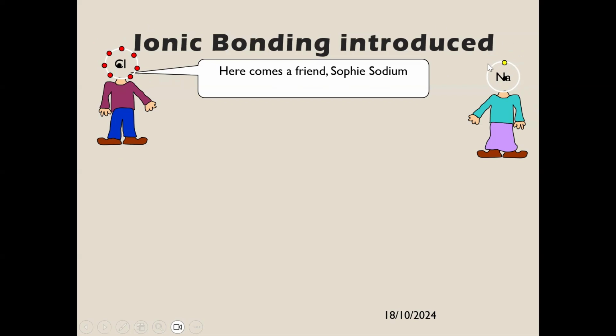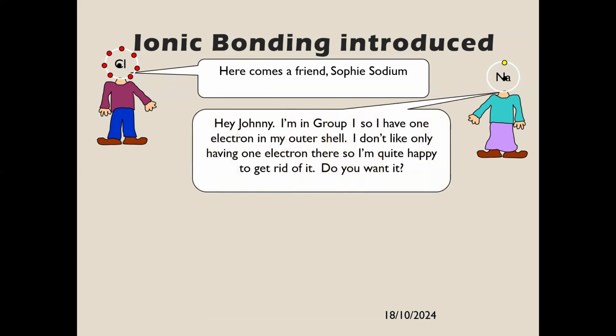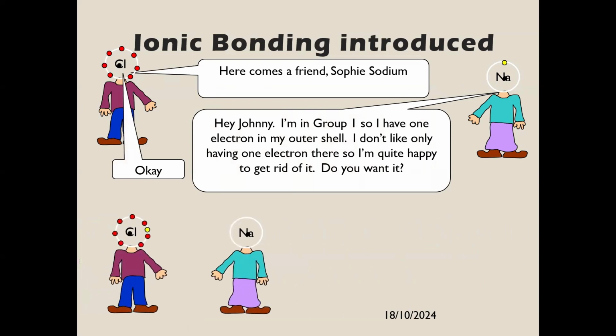When sodium loses the electron, it loses a negative charge, so it will turn into a positive ion, while chlorine, when it accepts this electron, gains an extra negative charge, so it will turn into a negative ion. They will form an ionic bond, which is between a positive ion, sodium, and a negative ion, chlorine.